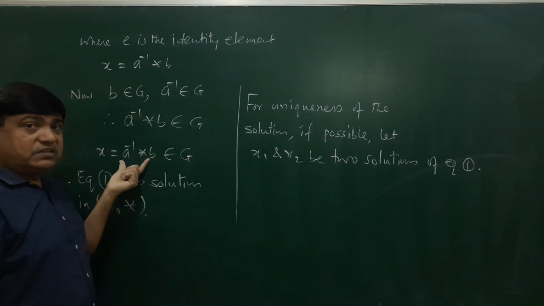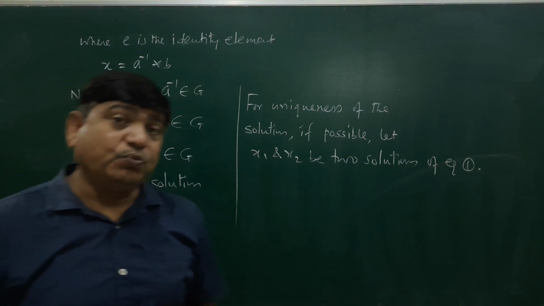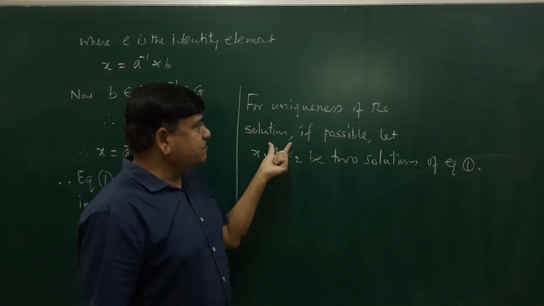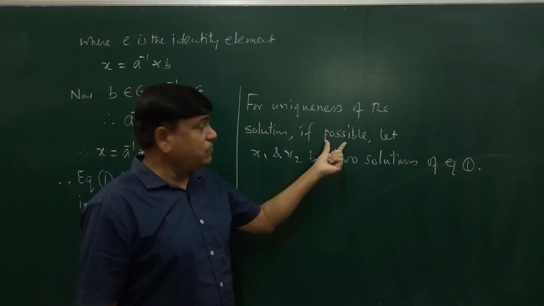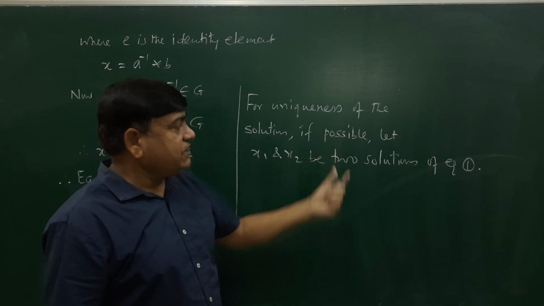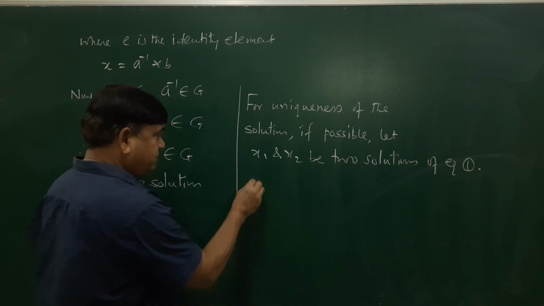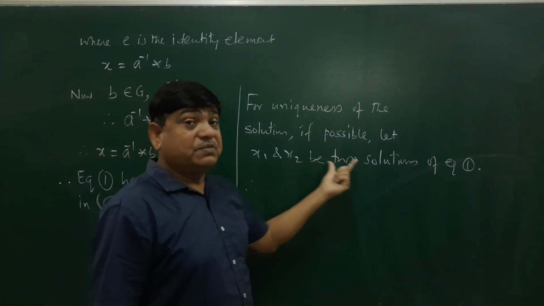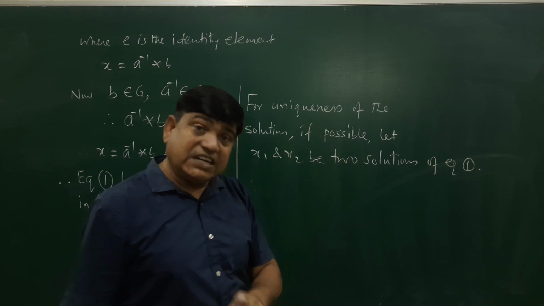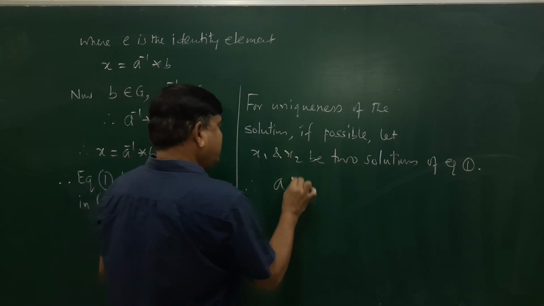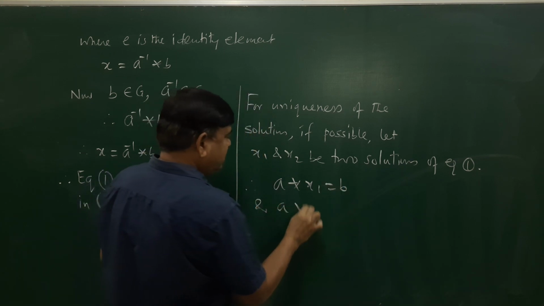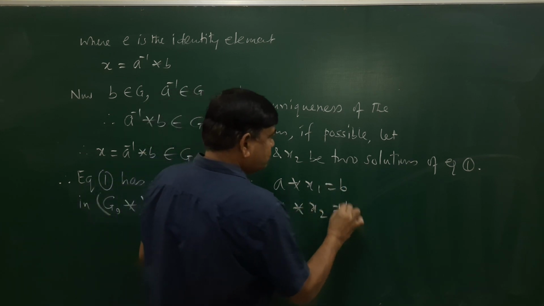This is the solution, but this solution must be unique, means one and only one. So how to prove? Therefore, a solution will satisfy the equation. यदि इसका solution है, तो equation को क्या करेगा? Satisfy करेगा. Means a asterisk x1 equals b and a asterisk x2 equals b.